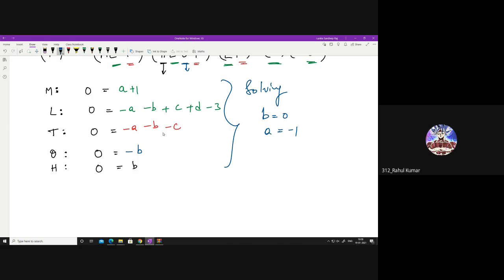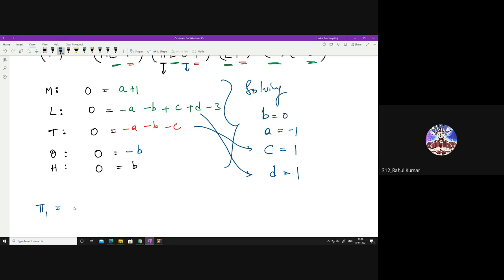For that, you have to substitute these values into the T equation. When you substitute that, C will be equal to 1. And these A, B, C you will substitute into this, so from this you will get D is equal to 1. So from this you will find out your pi term 1.